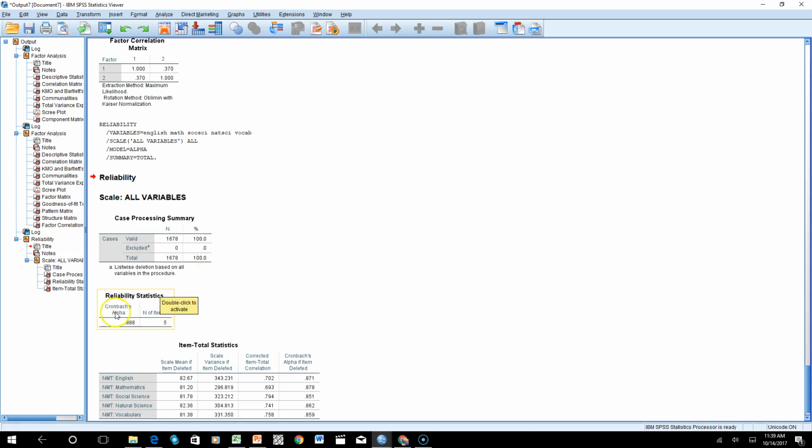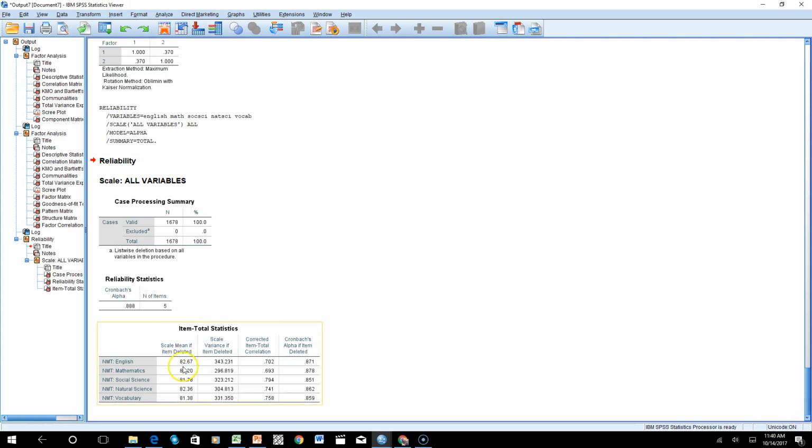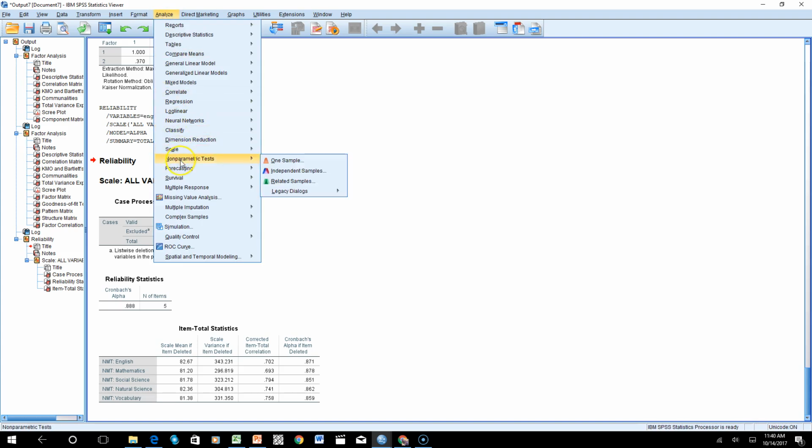Okay, you can see right there that the Cronbach's alpha is 0.88, which is very strong. That group loaded nicely. If we were to delete mathematics, we would have 0.78. So you can see what we have here is already the strongest. Let's look at our second factor.